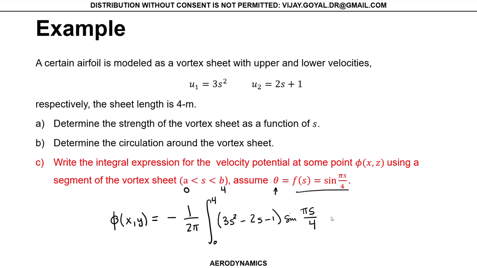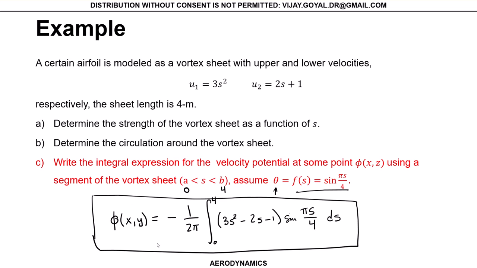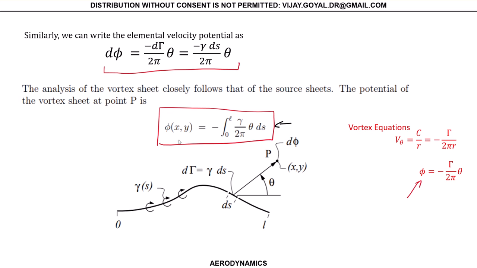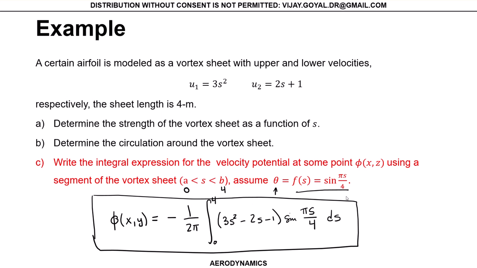This is given right here, ds. So this is the expression we are looking for. You're not asked to solve it, just to express it. Again, this comes from this expression right here, which came from the integral from 0 to 4 of minus gamma over 2 pi theta ds. So this is just a simple example that wraps up a nice review of what we did in the past classes.